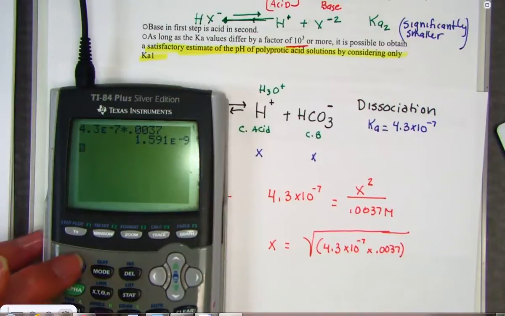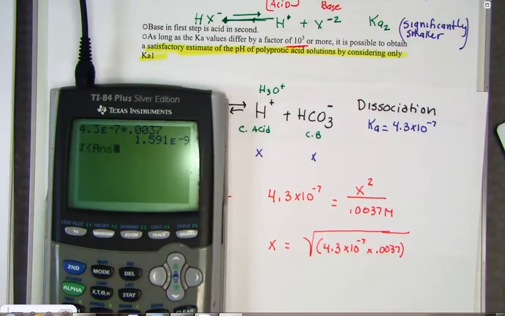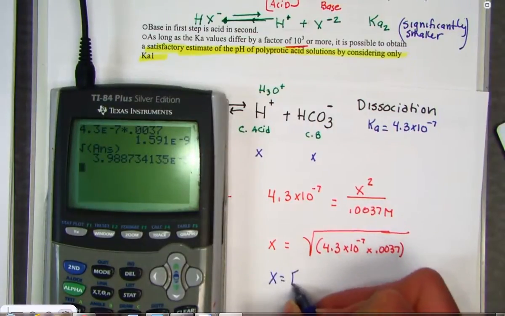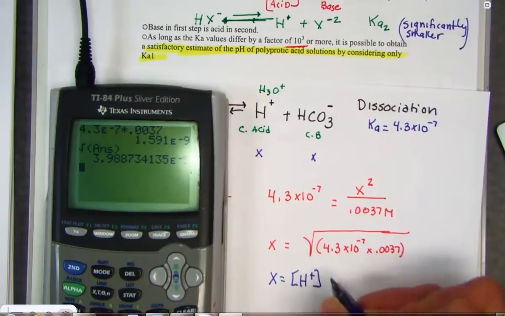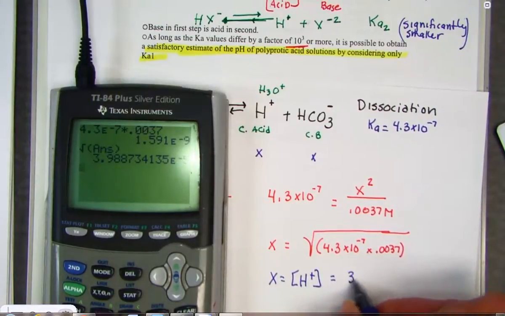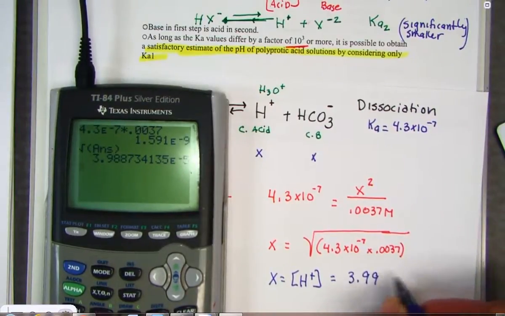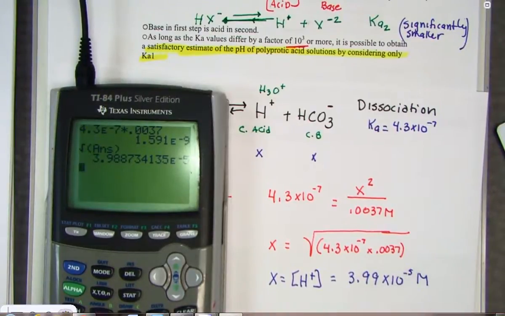I will square root my answer. And the value of x, which is the proton concentration, is 3.99 times 10 to the negative 5th molar units.